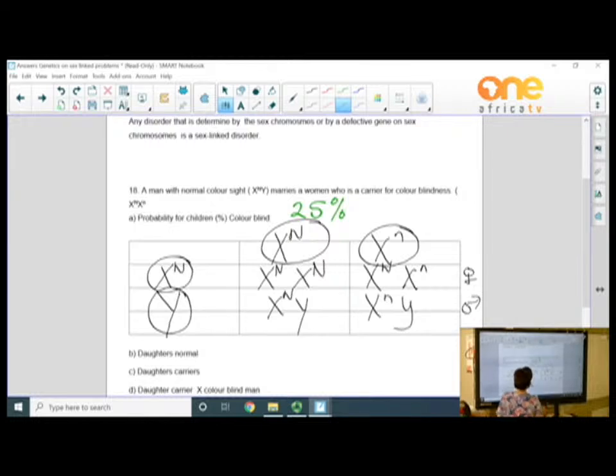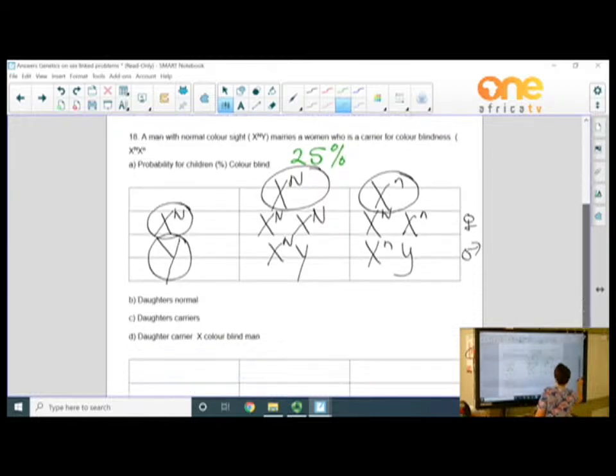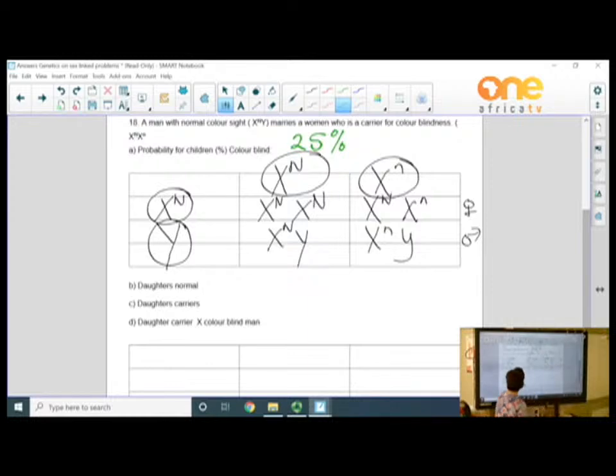The next question, which we are also going to use this for: how many daughters will be normal? 1 out of 2. So 50% of the daughters. This was not about children. And if 50% is normal, in this case, we will have 50% carriers.